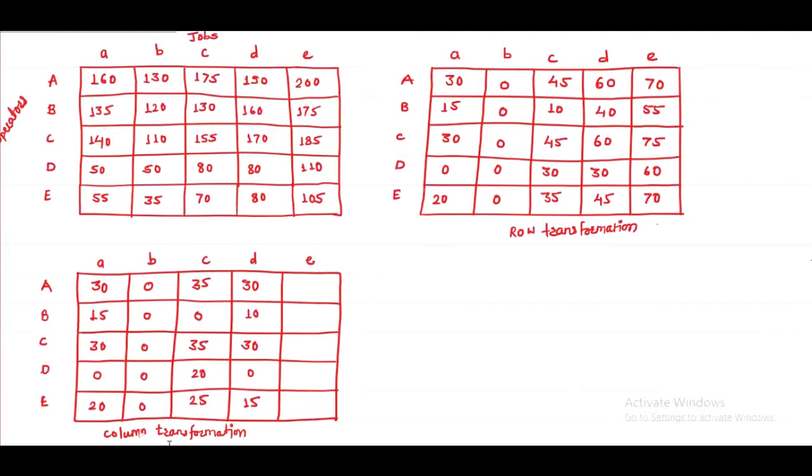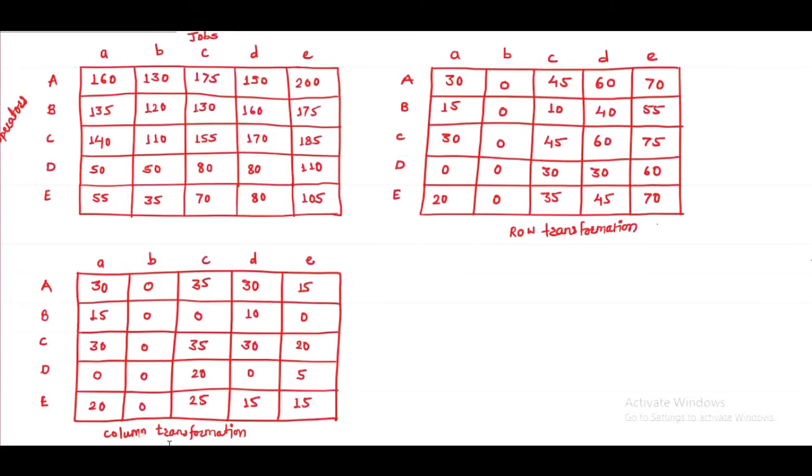In the last column the smallest element is 55, so you will get 15, 0, 20, 5 and 15. So after the column transformation you will get this particular matrix.